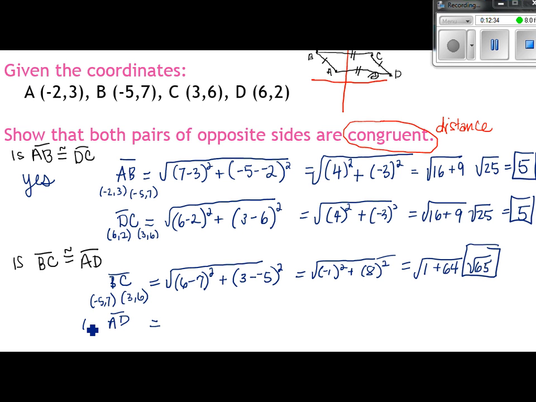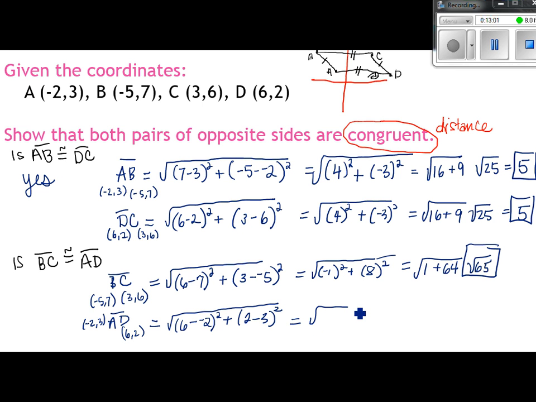So A's ordered pair is (-2, 3). D is (6, 2). We're going to use the distance formula again. So the square root of the x's: 6 minus -2 squared plus the difference of the y's. Like I said, it doesn't matter which one you put first or second. You can put the difference of the x's first or the difference of the y's first.